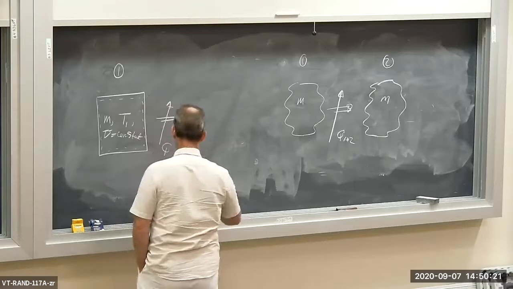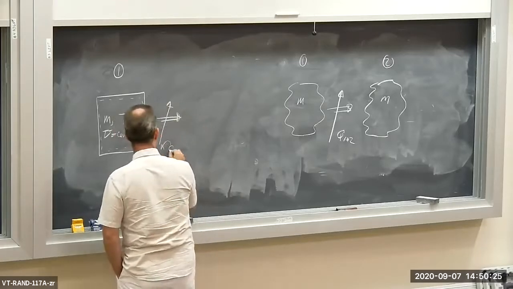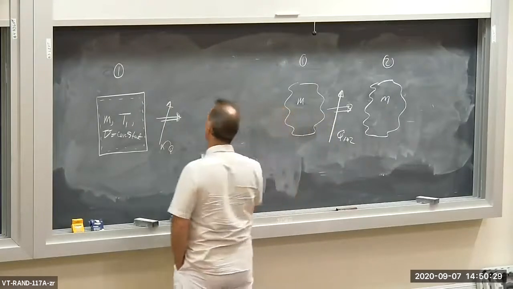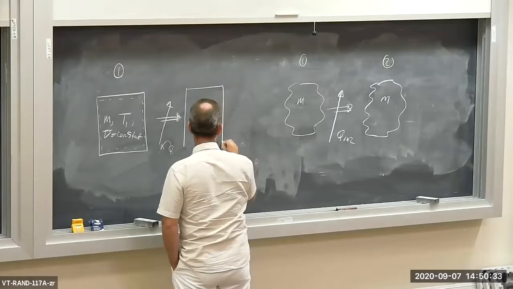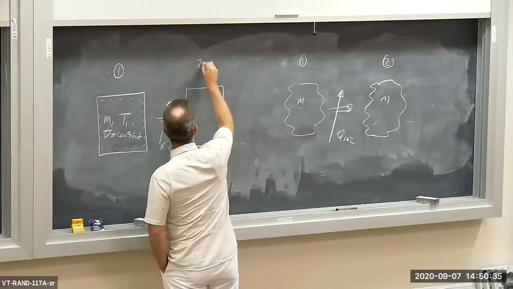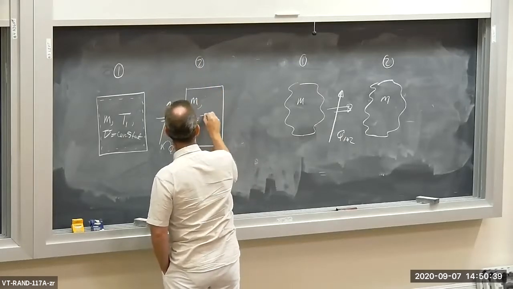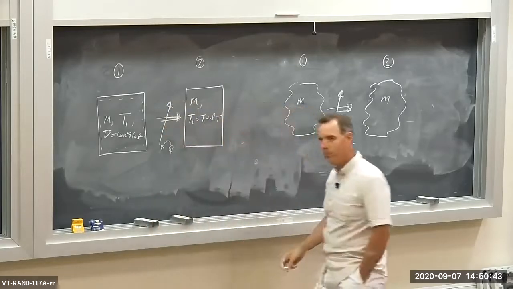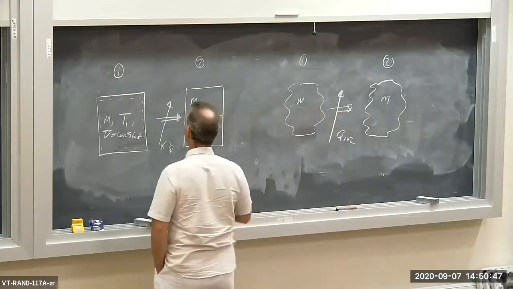It's a differential process, so I'm adding del Q, and I end up at state 2 with a temperature T2 equal to T1 plus dT.